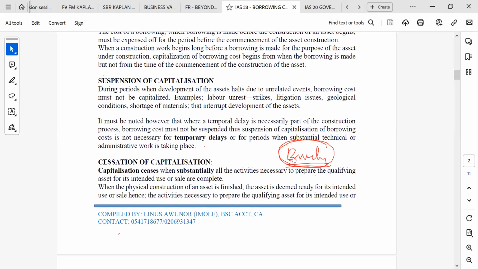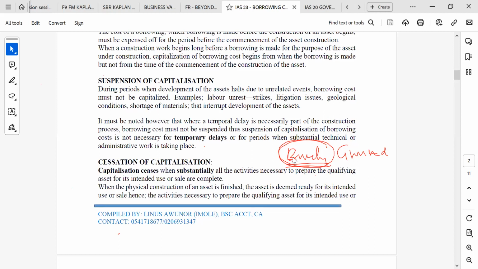But the question is, if you are constructing a story building, it means that the completion might be done in stages. Maybe you first finish the ground floor, but you are yet to finish the top.